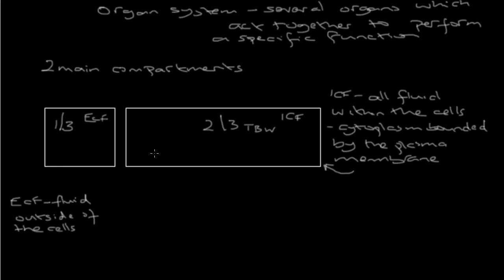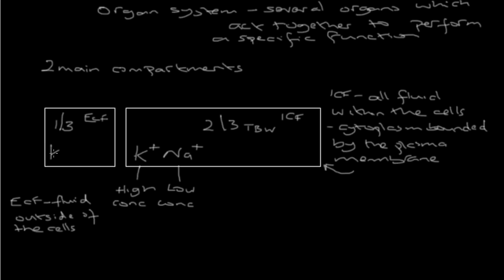And there's a number of key elements inside and outside of the cells that we're going to encounter quite a lot. So inside the cell and outside the cell we've got potassium and sodium. Now inside the cell, potassium is in quite high concentration and sodium is in quite low concentration.